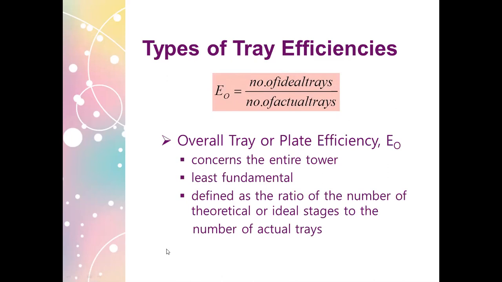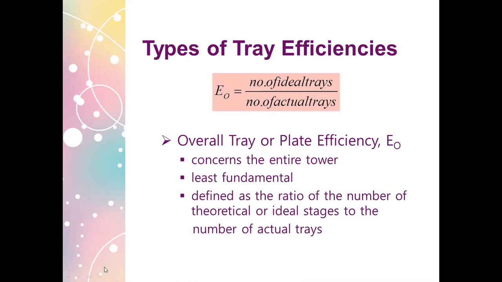Very simple formula: the number of ideal trays or stages divided by the actual number of trays or stages. This way of determining efficiency concerns the entire tower or still, meaning it's macroscopic.